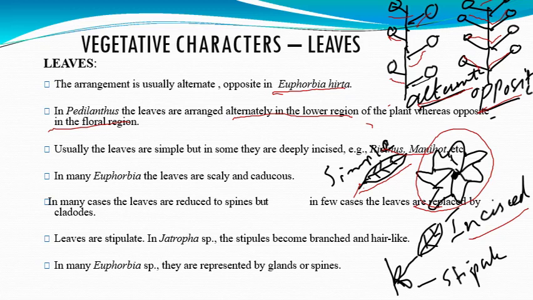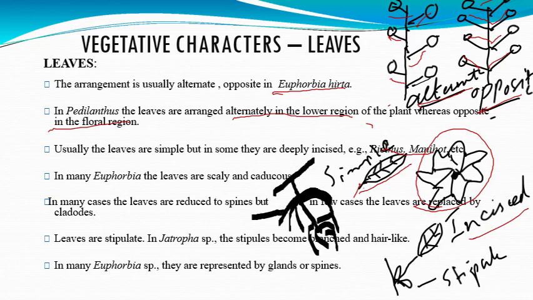Suppose here we have the stem, this is the stem, and these are the nodes, and from these nodes arise these modified structures that originate from nodes and act like a leaf, or they perform the function of a leaf.